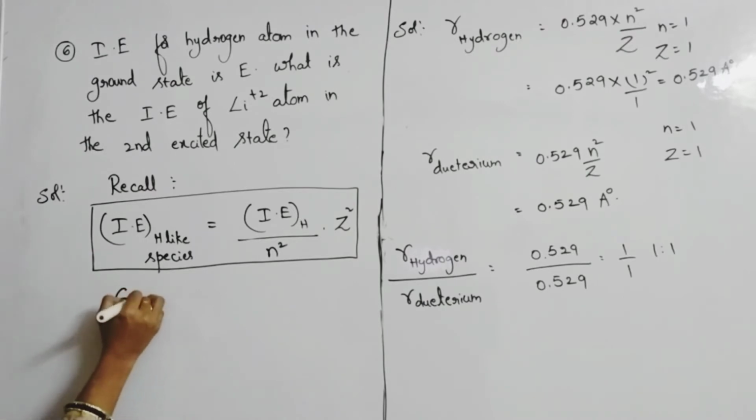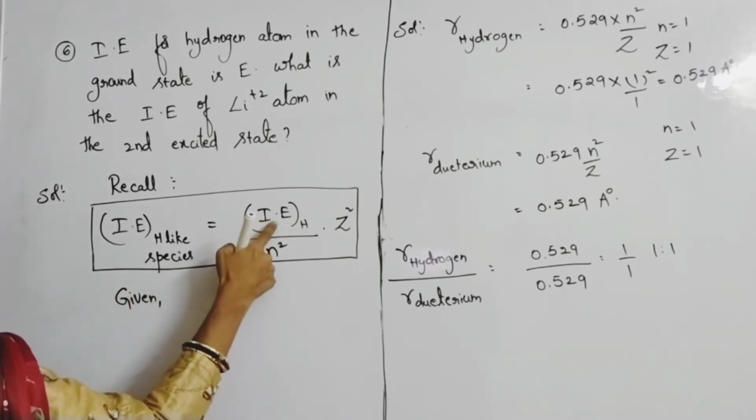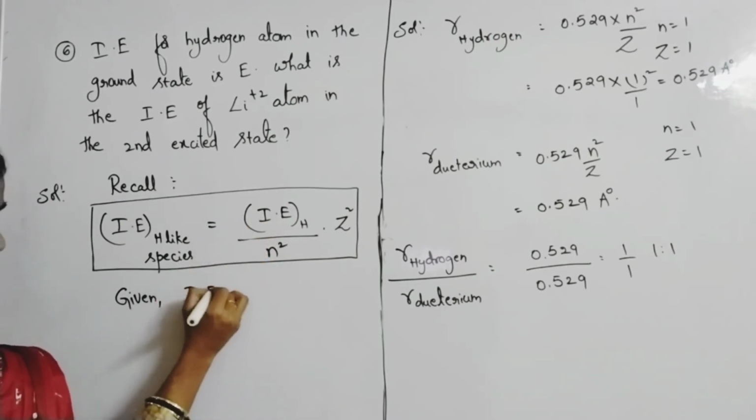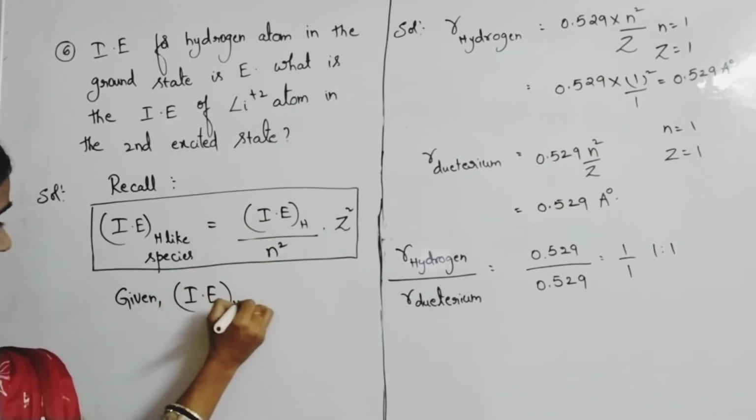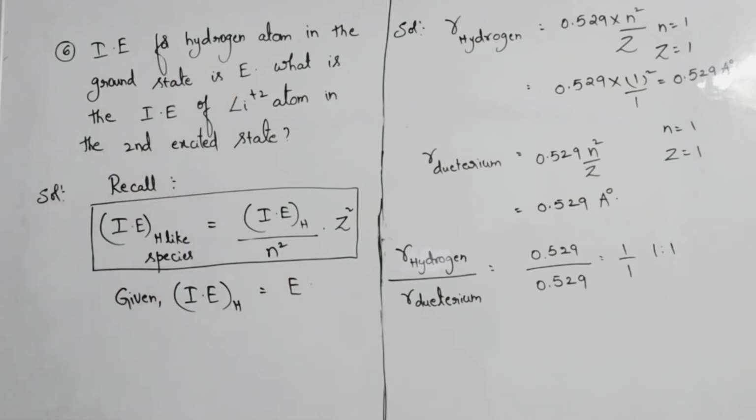This is the formula for ionization energy. Very important formula, you have to remember it. So what is given to us? The ionization energy of hydrogen, IE of H, is given as capital E.